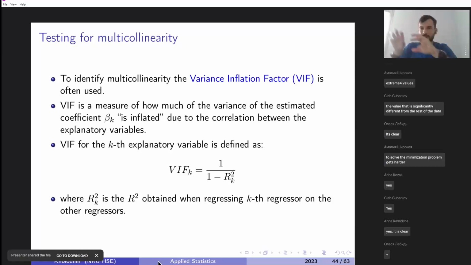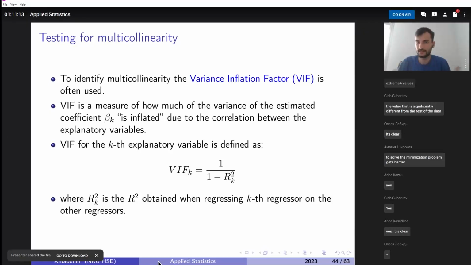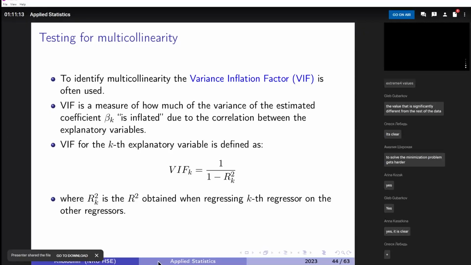Then you can take this and put it into our initial model, and you will have just different parameters, but fewer regressors.